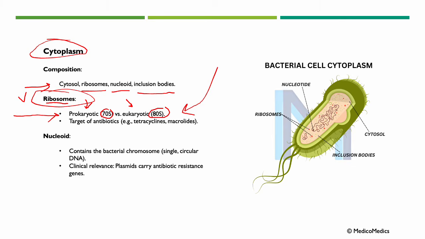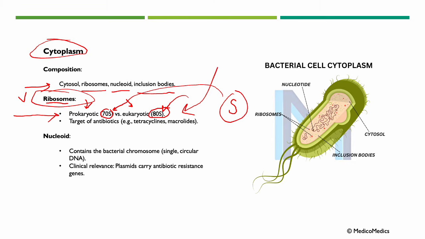And the ribosome's size is measured in something called Svedberg units, and the unit used is indeed S. So this is 70 Svedberg units, and this is 80. That's number one.